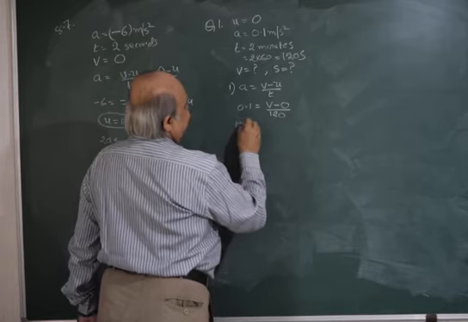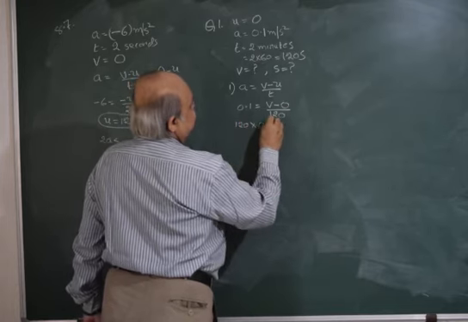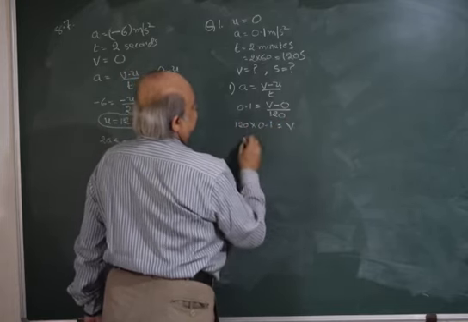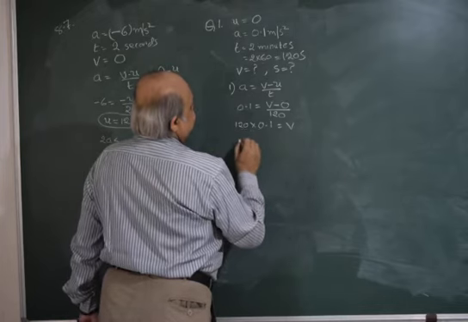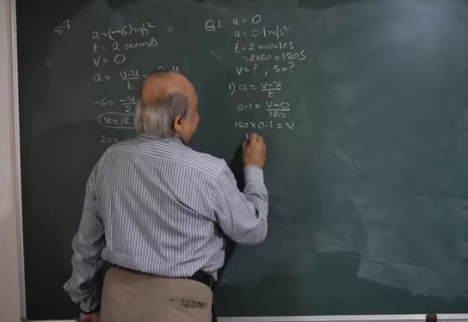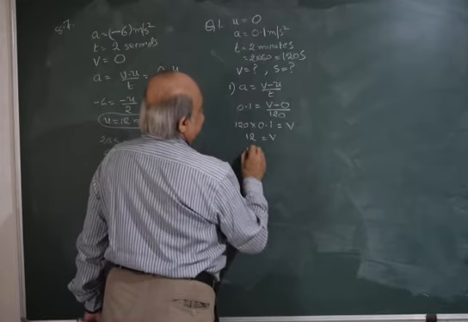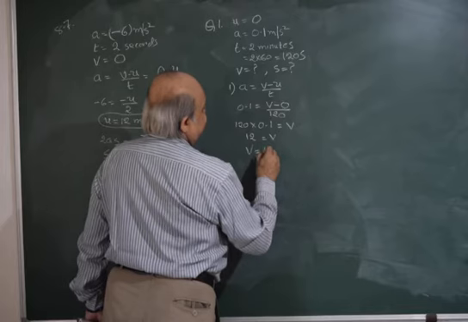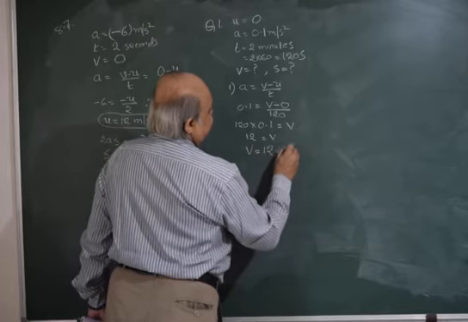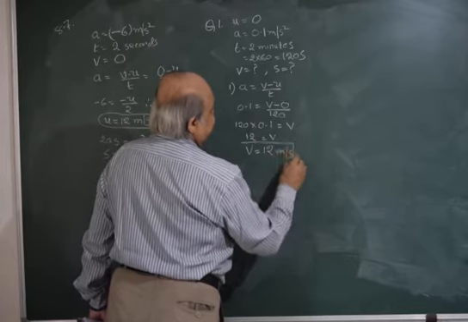So we get 120 into 0.1 equal to v. It will be 12 equal to v, which is therefore the speed required is 12 meter per second as our first answer.